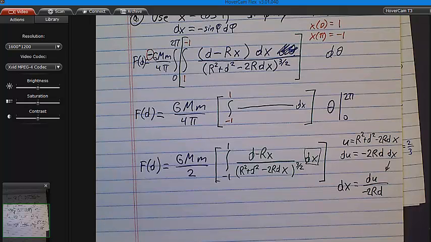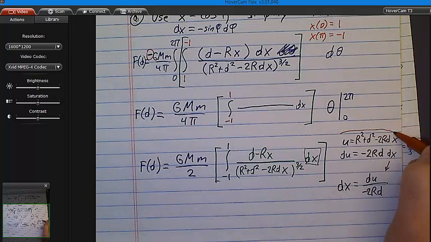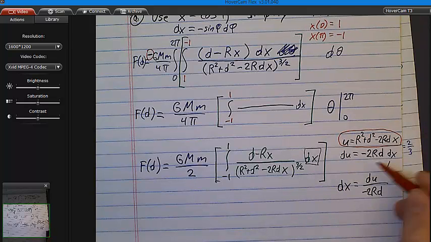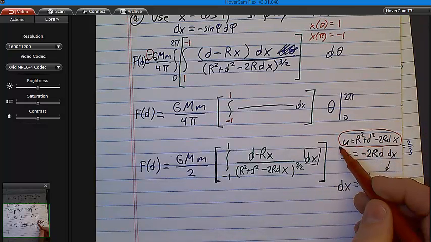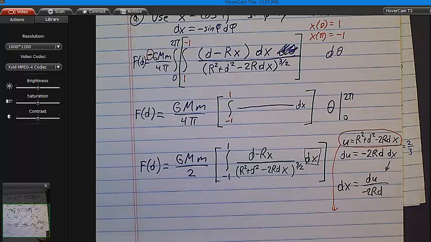And then we still have the x in the numerator. Just like I solved for dx in this equation, I'm going to take this equation and solve for x. How would that work?